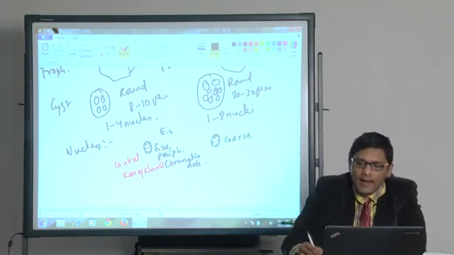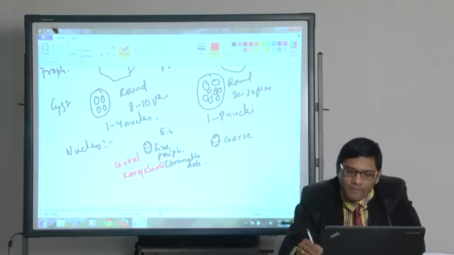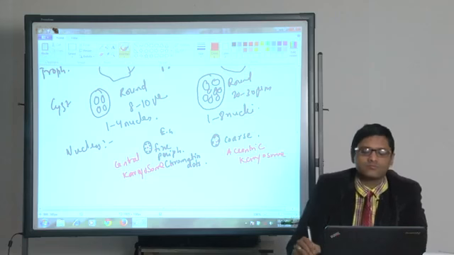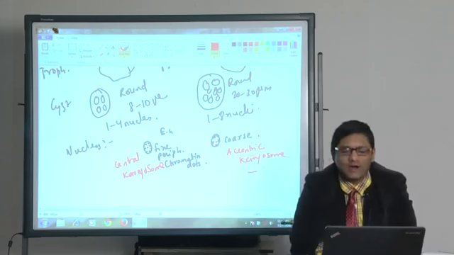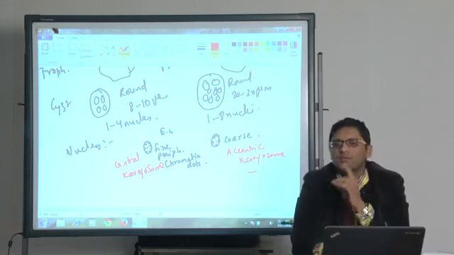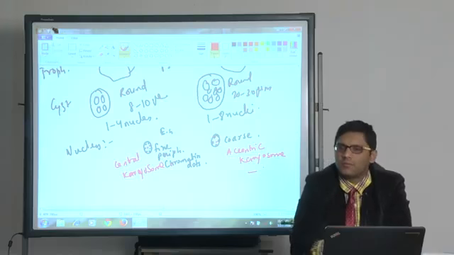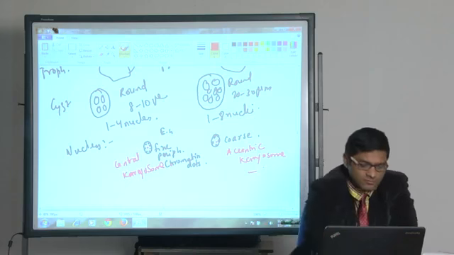Okay, and the karyosome is not central, it is eccentric. Eccentric karyosome. So this is how you can differentiate the inside of the nucleus. The individual nucleus of E. coli and EH can be differentiated based on these properties.